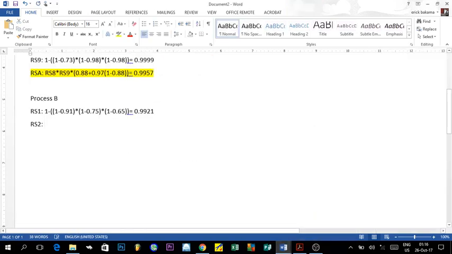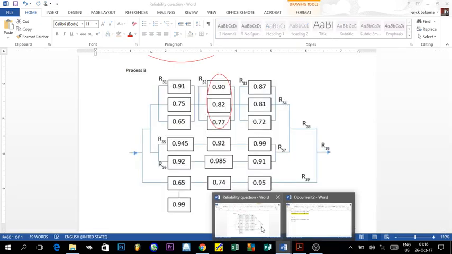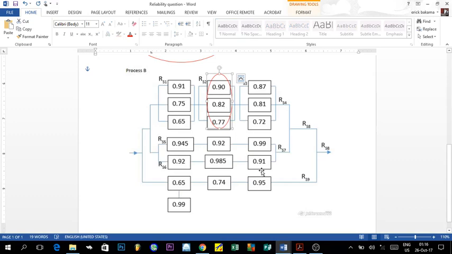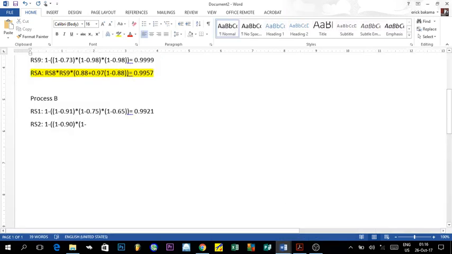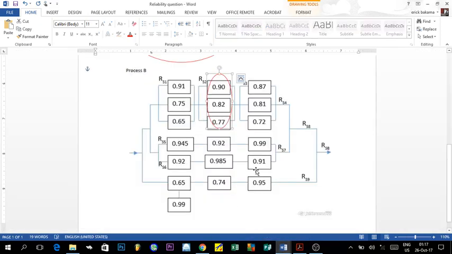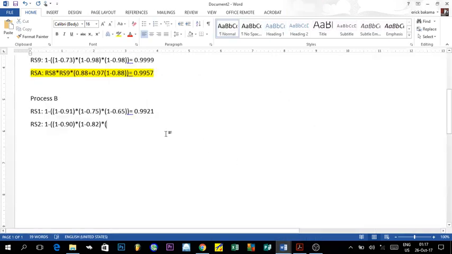So you have 1 minus, you open your bracket, 1 minus 0.90, which is the first component, times, you open your bracket, 1 minus 0.82, we close, times the last one, 1 minus 0.77.